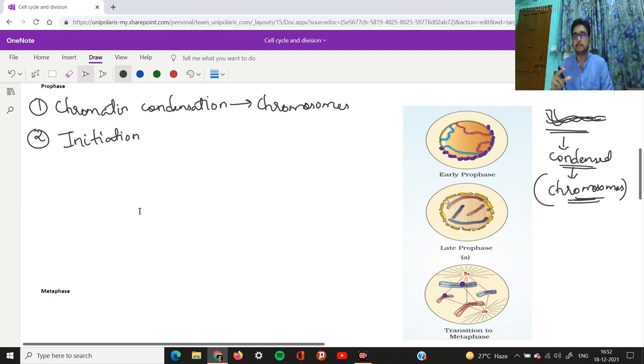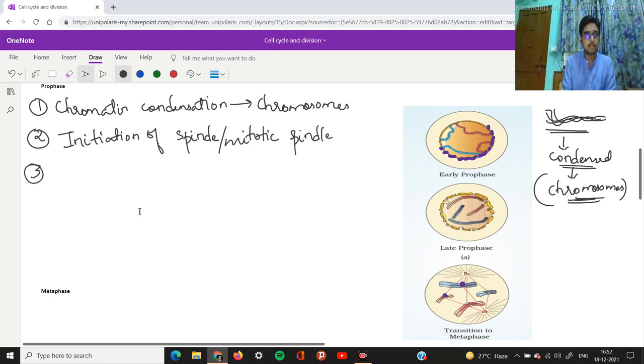The spindle fibers, the microtubules, all of these proteinaceous elements which were formed in the G2 phase as we remember. So initiation of the mitotic spindle is another important event that takes place in prophase.